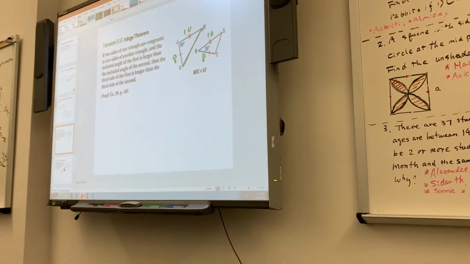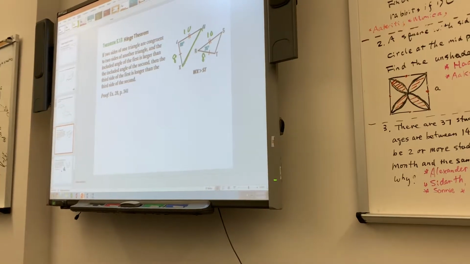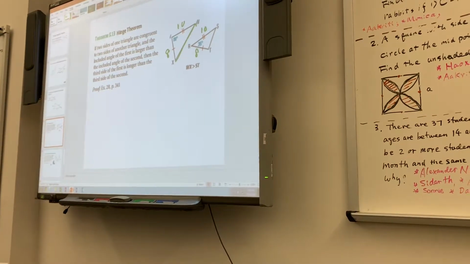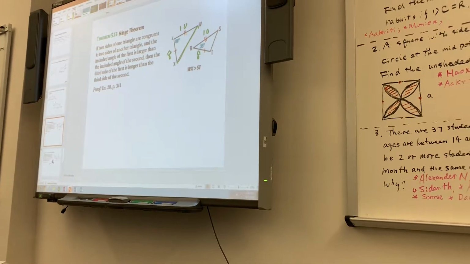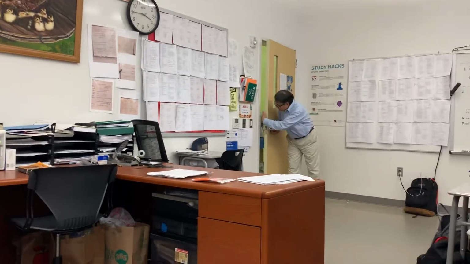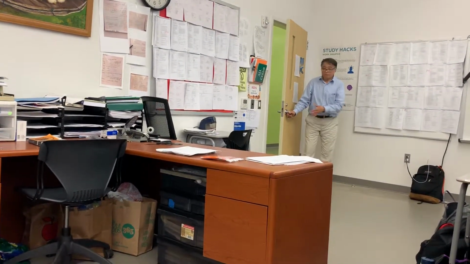So sometimes maybe still confused. Hinge. This is hinge. Okay, hinge theorem. If we close the door, this is 0 degrees. If we open 5 degrees, very short. This is one side. If we open 20 degrees, longer.